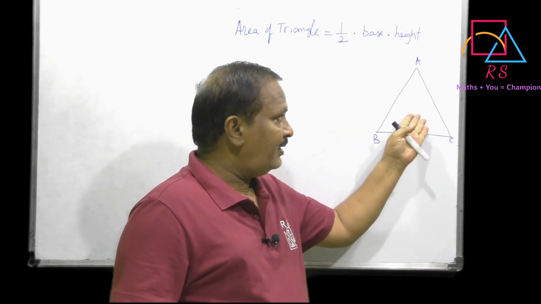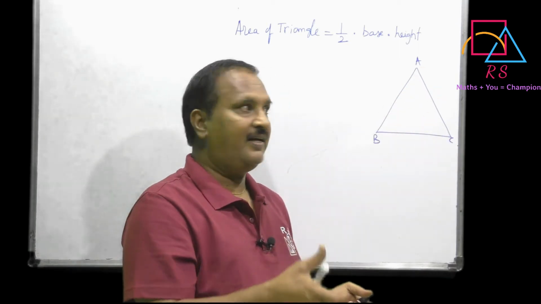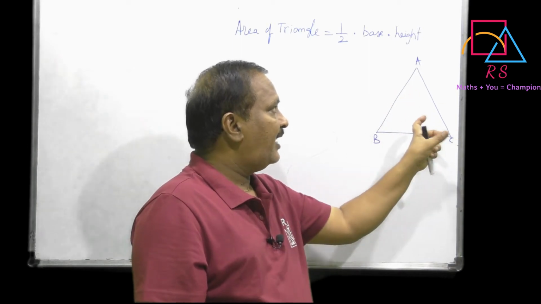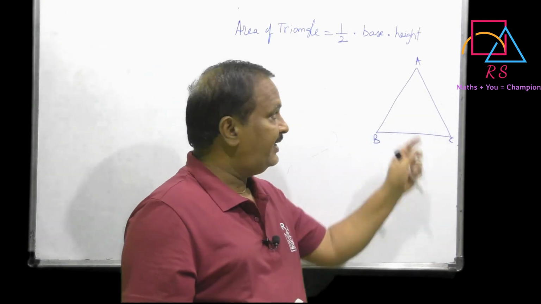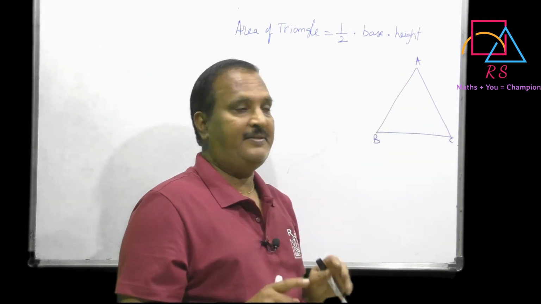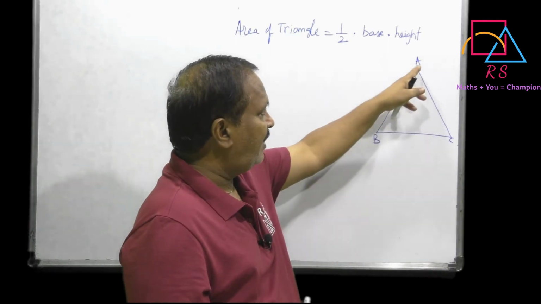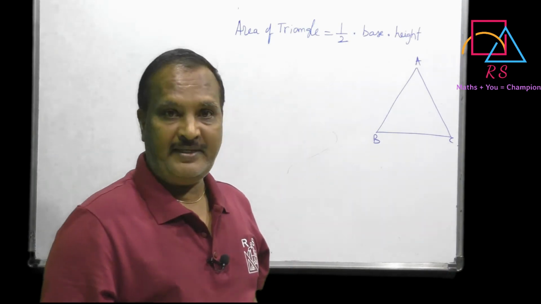And this triangle can stand even on AC. If you turn the triangle, you can put it up on AC also. That is why AC also becomes a base. If you stand this entire triangle on AB, AB also can be a base.